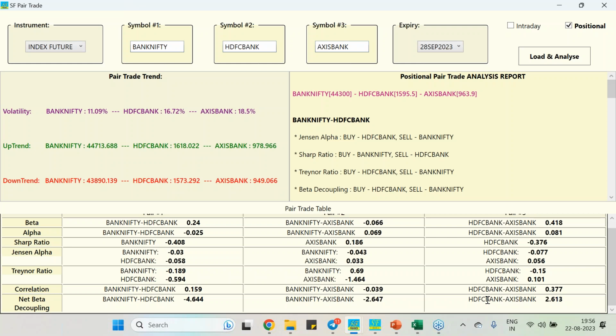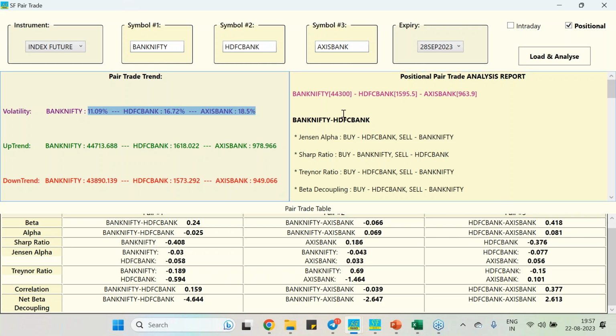HDFC has higher volatility compared to Axis, that is what it is telling. Currently, sorry, Axis has higher volatility. Whenever you form this pair, it gives the volatility. But Bank Nifty cannot be taken as dependent even though it has lower volatility, because it is an index.